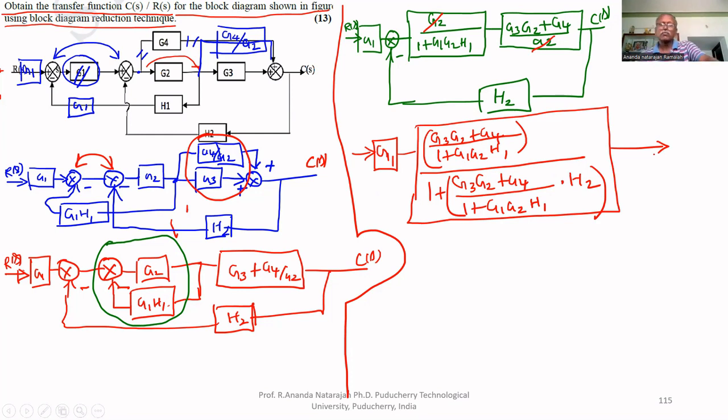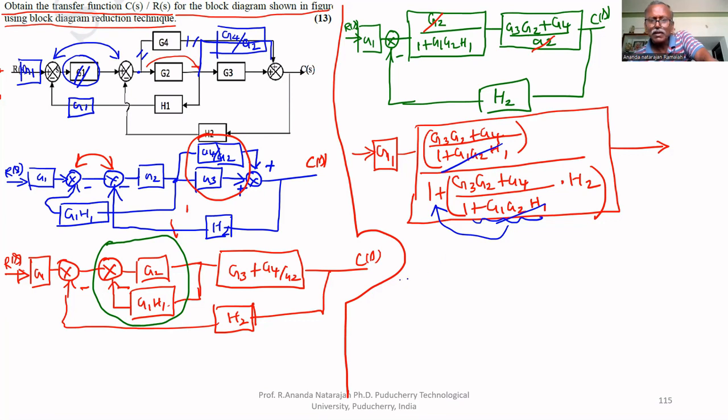Now if you take the LCM, these two get cancelled, and this part will come in place of 1. And G1 can be multiplied with the numerator.